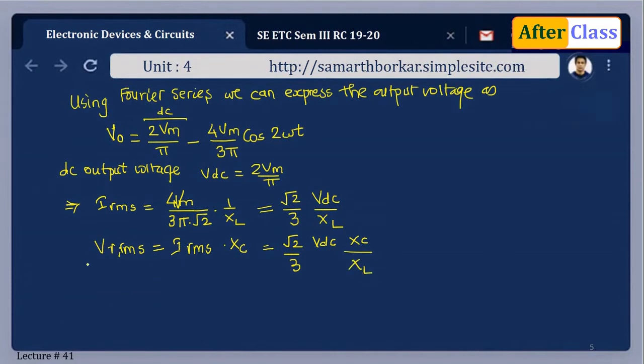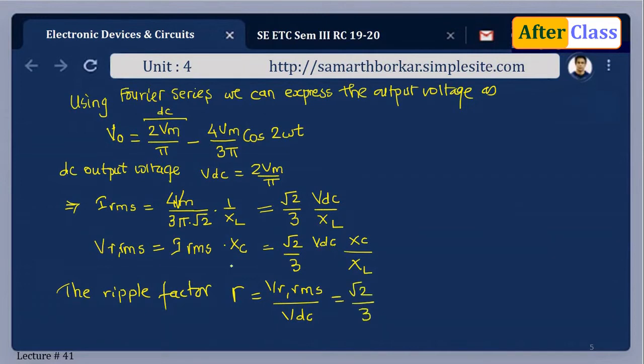So we know what is ripple factor. It is a ratio of VR RMS divided by VDC. So the ripple factor r equals to VR RMS divided by VDC. So it is root 2 by 3. I will get this VDC term over here. So what is left is root 2 by 3 into Xc by XL.